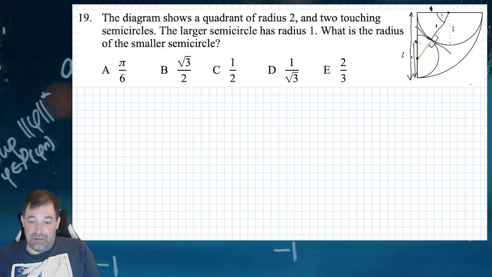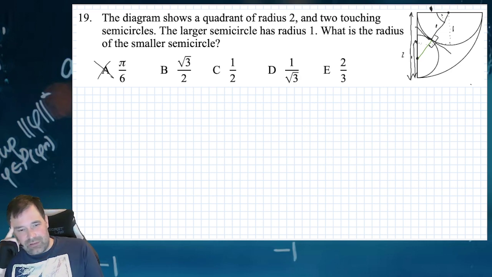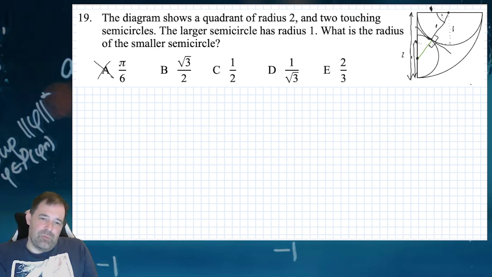I mean, I don't know. It can't be that, because pi would be to do with areas, really. We're not dealing in radians, so you're not going to get a pi. If you extend this line, do you get a similar triangle here and here?